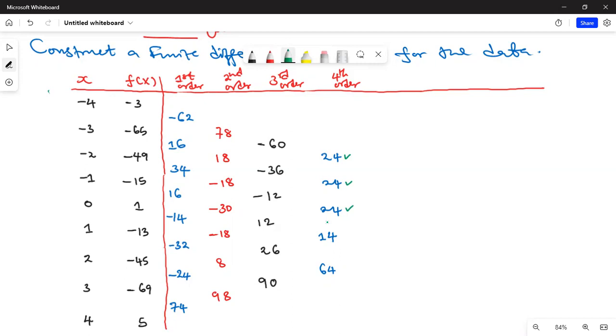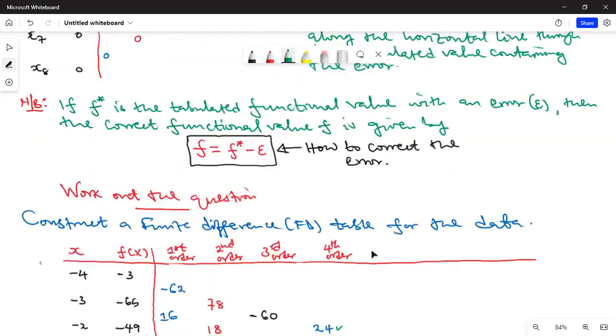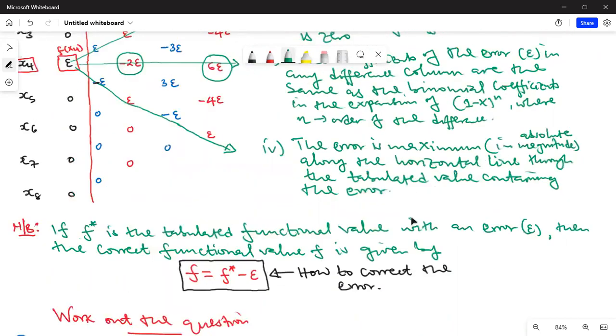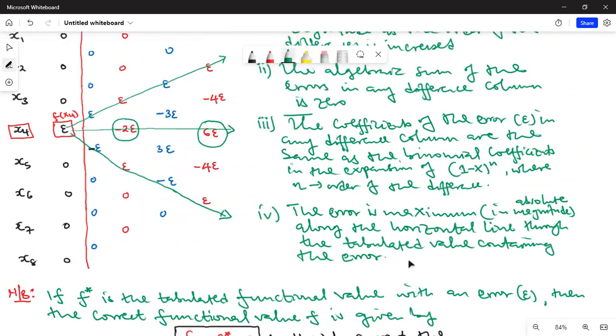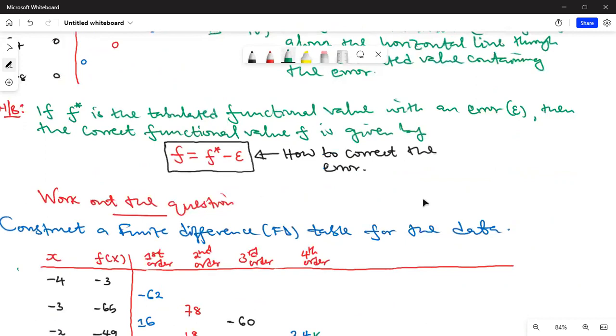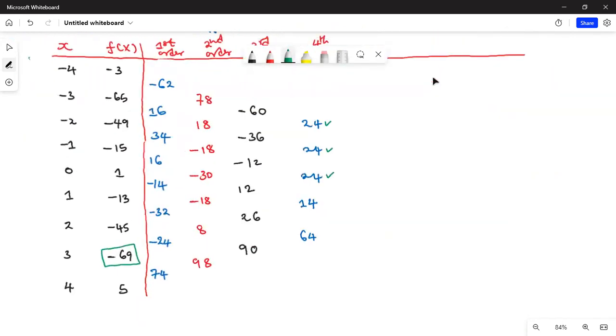So where did that error come from? Let's track 14. This 14 will land us to this value here. If we track it, look at how the error was propagating in our table. There's a line that is sloping upward and another line sloping downward from the value that was wrongly recorded in your table of data. So where the error starts is where we have 14. So I'm going to draw this.